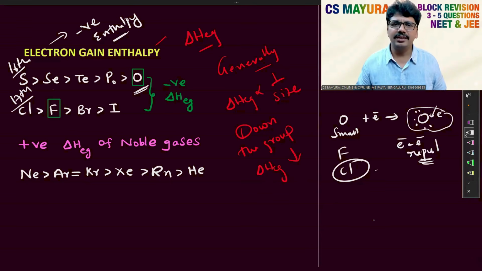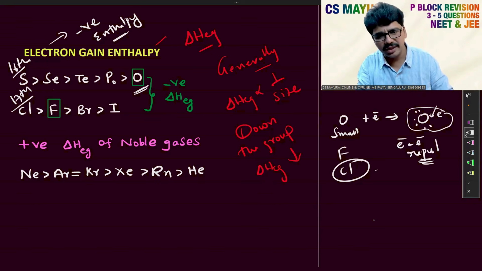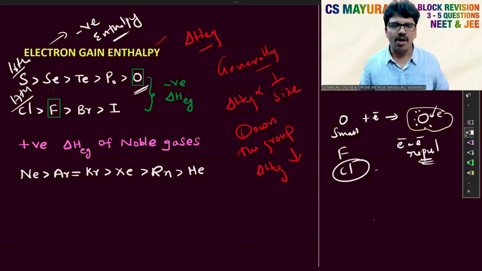In different materials and books, different values are given: one book, one order; different books, different orders. There is completely an ambiguity. What is not given in the NCERT, they don't ask. So for 13th, 14th, 15th group elements, electron gain enthalpy orders are not required. They don't ask any question about which has more or which has less.